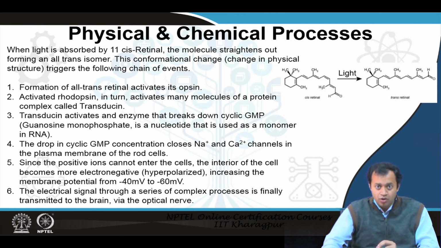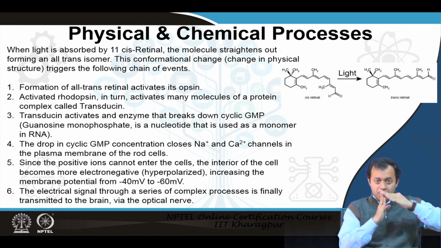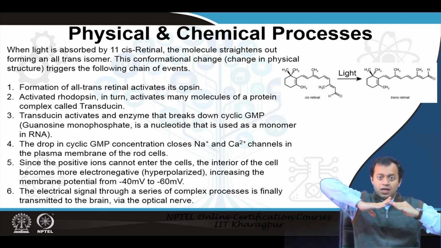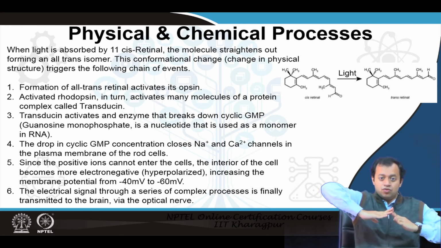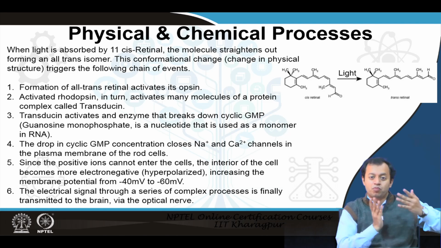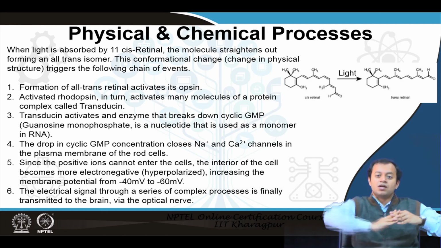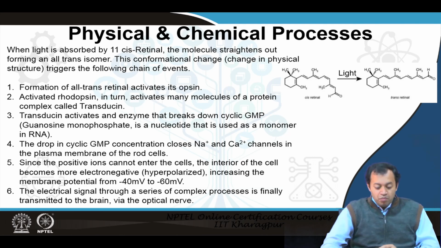So again, domino effect, one after another. Retinal absorbs light, it kicks rhodopsin. Rhodopsin kicks transducin, another protein. Transducin produces an enzyme that breaks down GMP. That produces a loss of Na+ and Ca2+ channels in the plasma membrane of the rod cell.